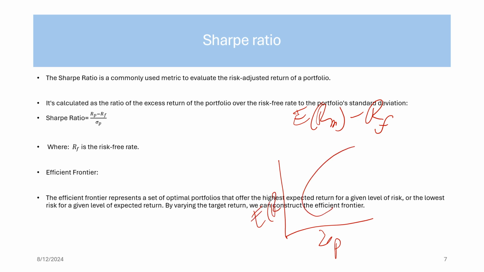Now imagine something like this, where you have this level of risk giving you this level of return, but the same level of risk giving you that level of return. So something needs to be done here. At the next level of risk, you have that level of return, but at the same time this one. So you can see we can actually strive to maximize our return while containing the risk. So the efficient frontier makes that possible.